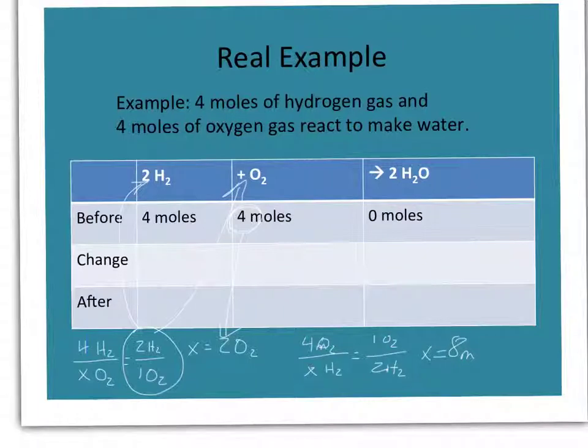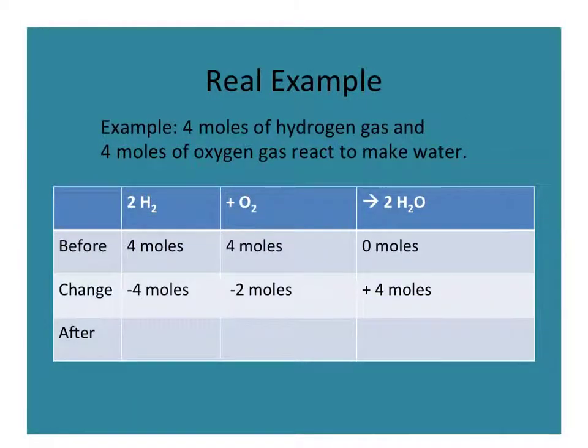So we're going to fill this in our BCA table. We're going to use up all 4 of our moles of H2, and we only need to use 2 moles of our O2, and we are going to make 4 moles of water, because when we use 2 moles of hydrogen, we make 2 moles of water. So this is what our change looks like.